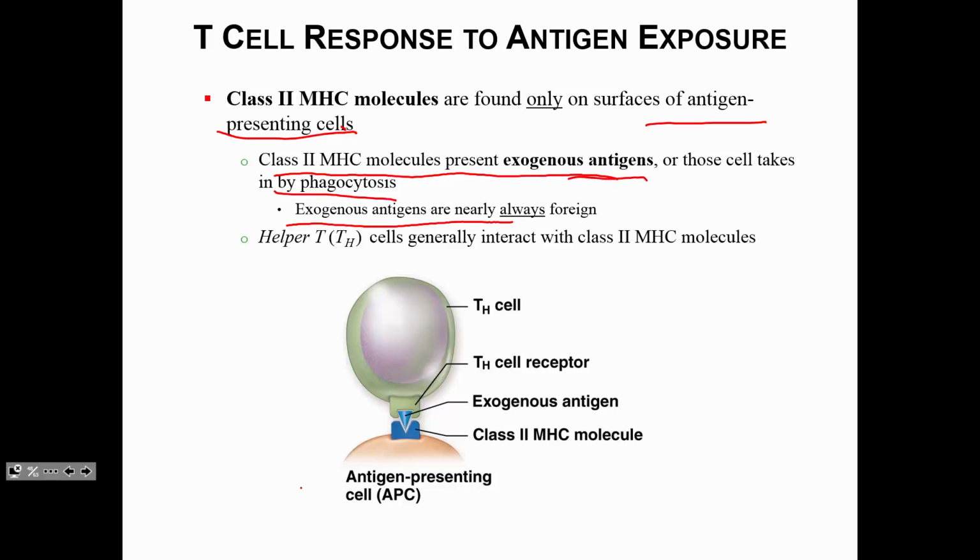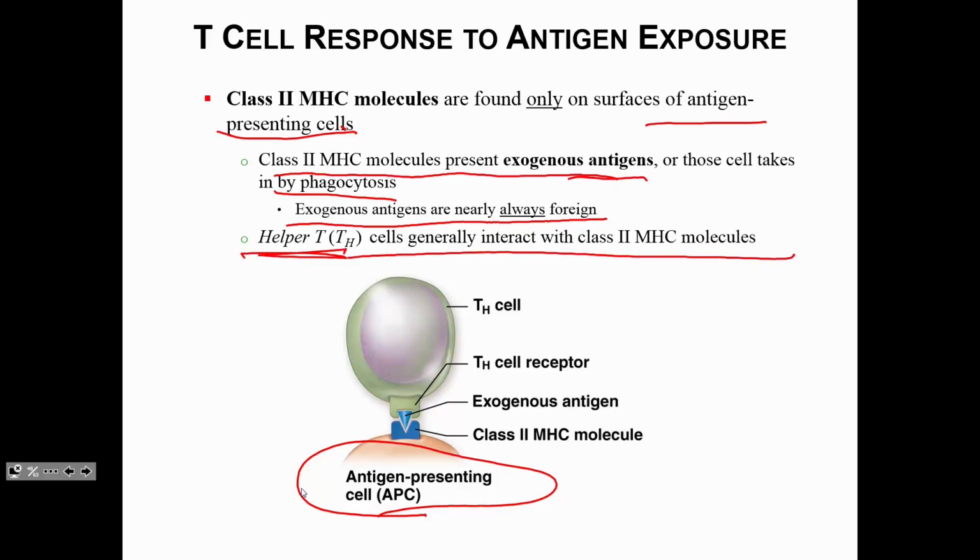Exogenous antigens are nearly always foreign, because the macrophages or APCs have ingested them by phagocytosis. So these antigens did not come from inside the cell, so they're almost always foreign. Helper T cells generally only interact with class 2s.